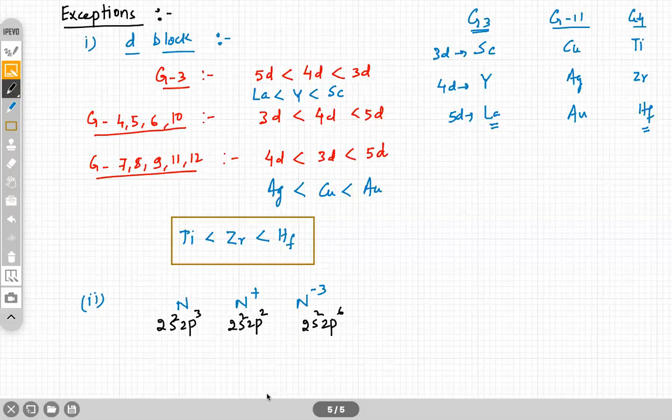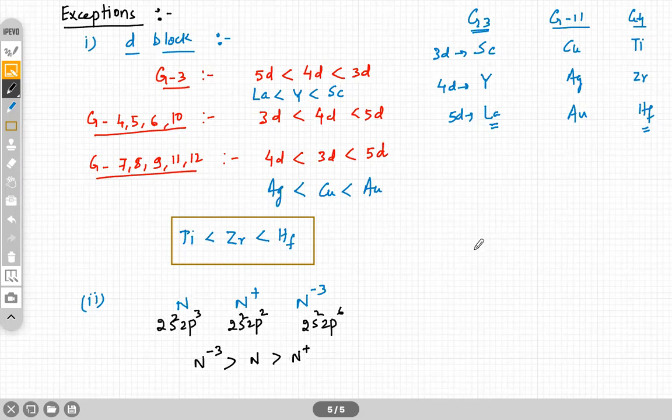Could you tell me the ionization energy with respect to this P3, P2, and P6 configuration? Which one has the maximum ionization energy? I have given you that half-filled configuration. The maximum ionization energy we have for N minus 3, P6 configuration, then N, that is P3 configuration, and then N plus.